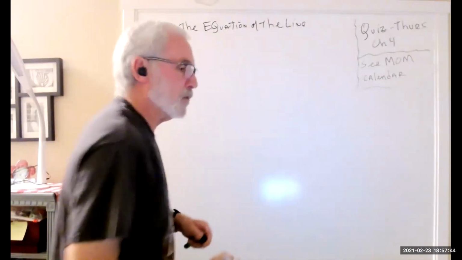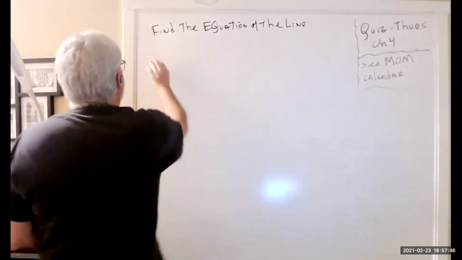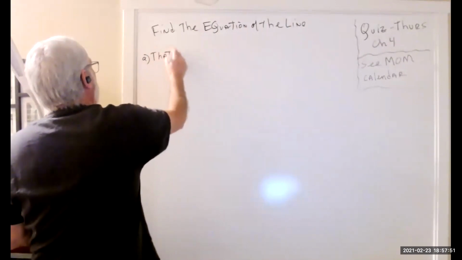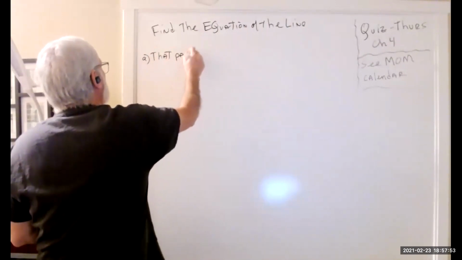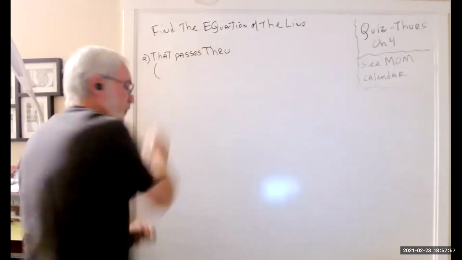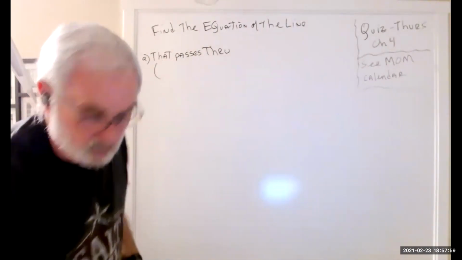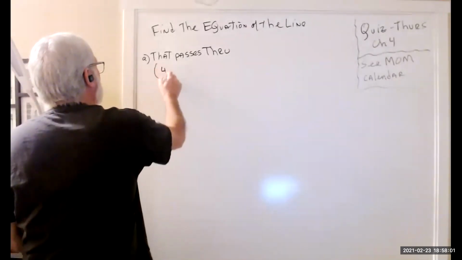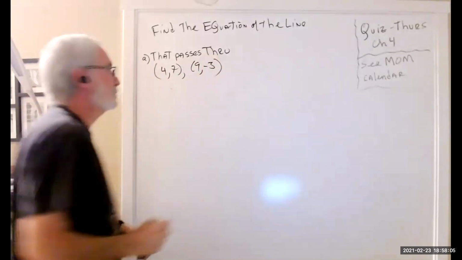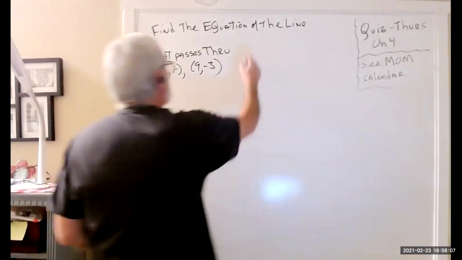Okay, now we're going to do 3 different ones. Part 1A, that passes through the points, what do I have? 4, 7, and 9, -3. That's one problem.